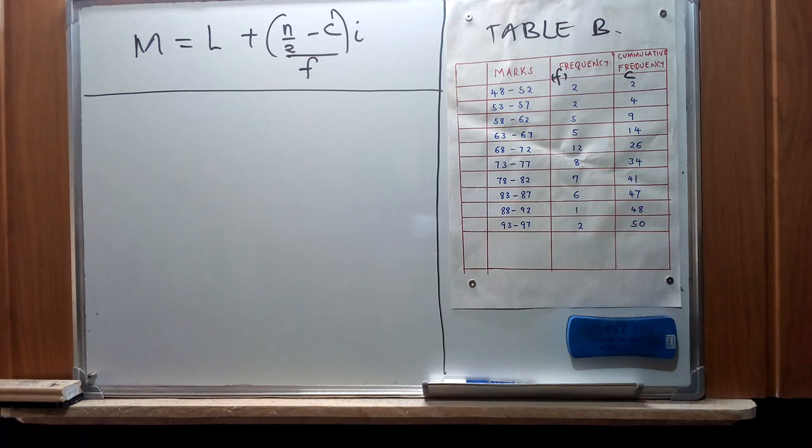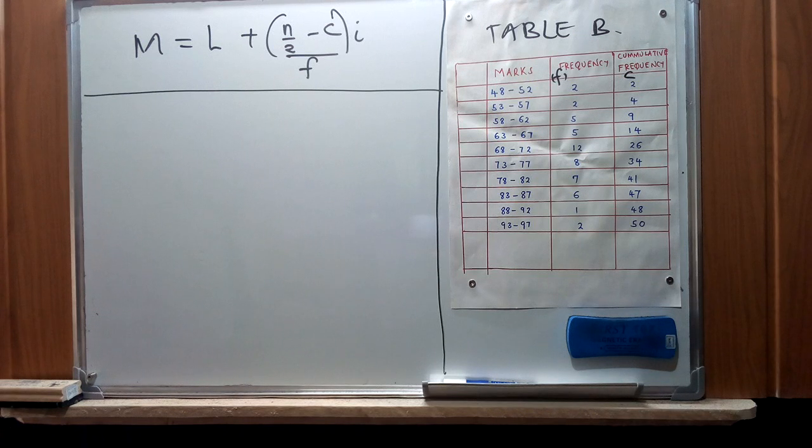And L represents the lower limit of the median class, N the total frequency, C the cumulative frequency above the median class, F the frequency of the median class, and I the interval.